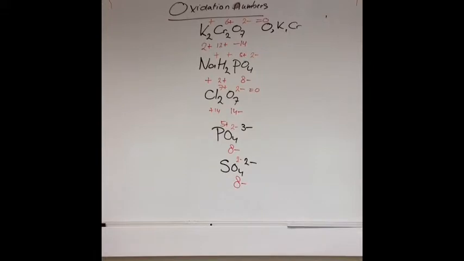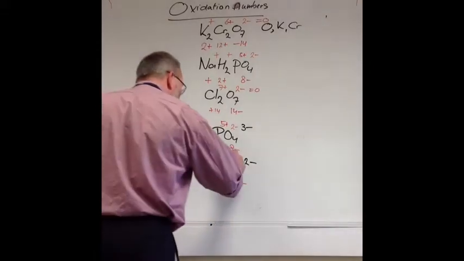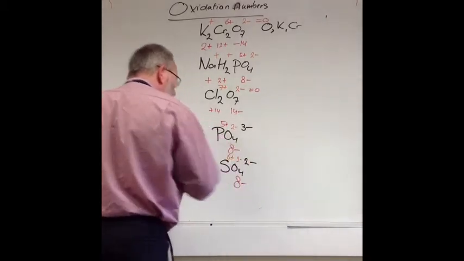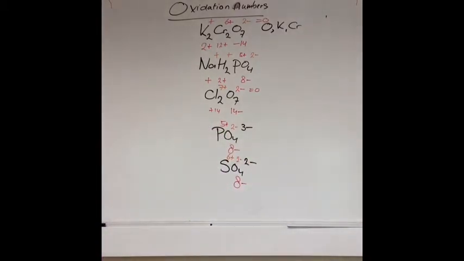The whole thing is 2 minus, therefore the sulfur has to be 6 plus. And sulfur, for instance, can have different oxidation states. Let's just go through some of the sulfur compounds.